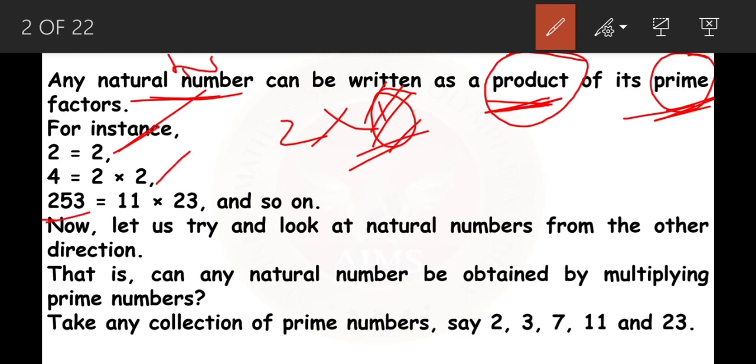Suppose we have 253, how do we write the product of prime factors? We can write it as 11 into 23. And so on. We have so many examples where a natural number like 2, 4, 253 can be written as the product of prime factors.